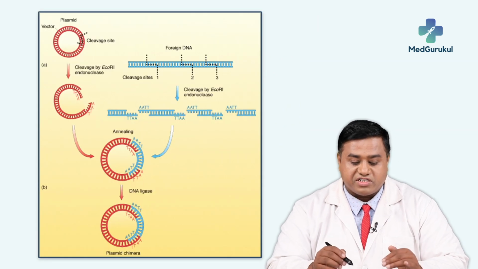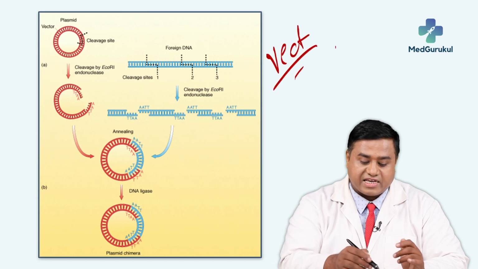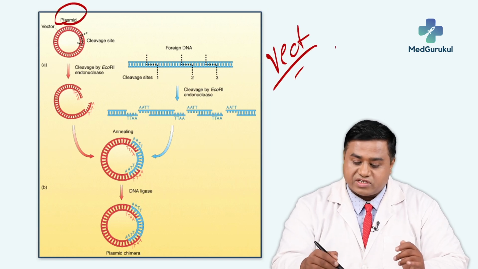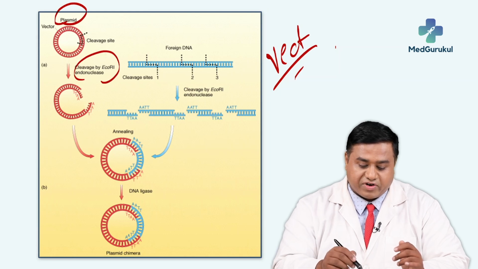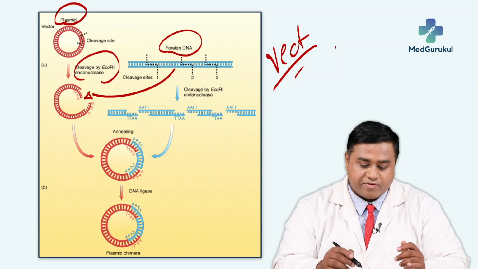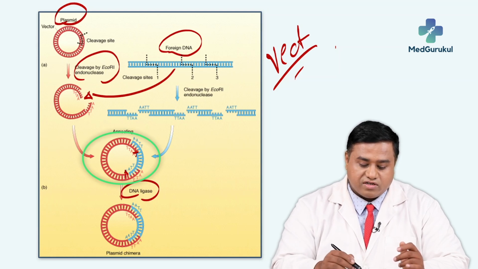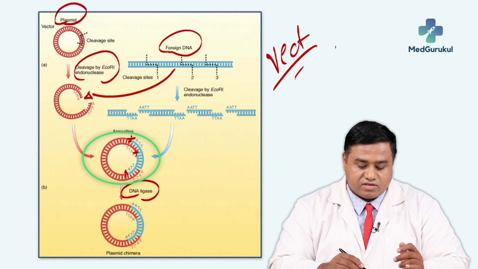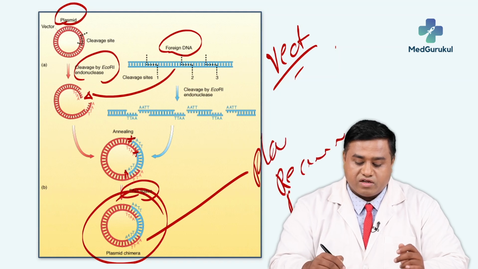Once you isolate your gene of interest, take a vector, in this case a plasmid vector, use the same restriction enzyme to cut open the plasmid vector, insert your gene of interest into the cleavage site, and using DNA ligase seal off the plasmid, and you have a plasmid chimera, which is recombinant DNA.